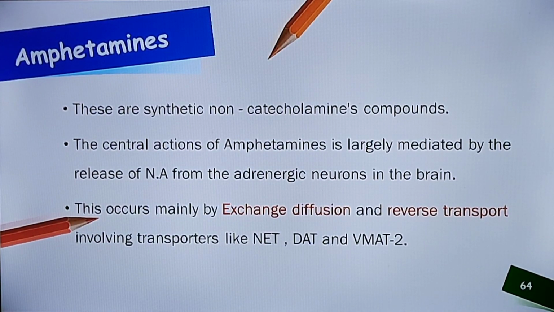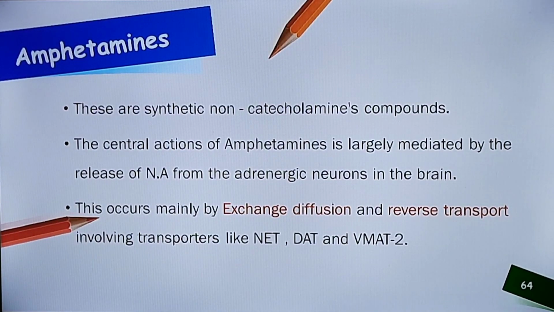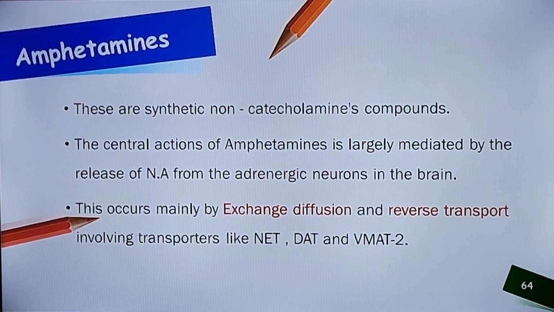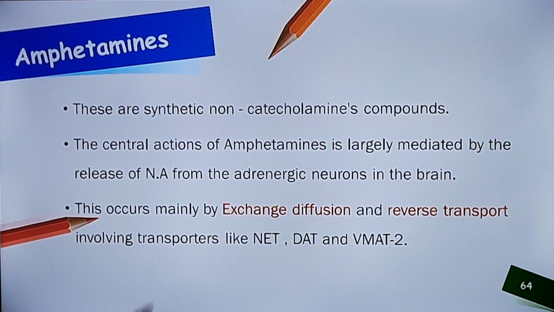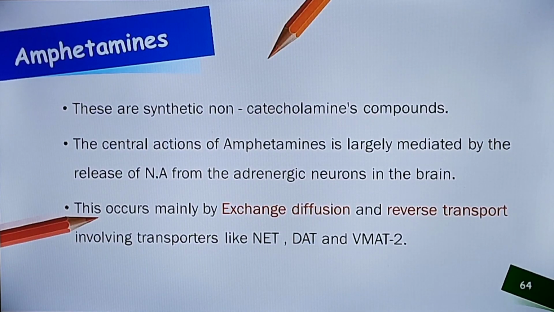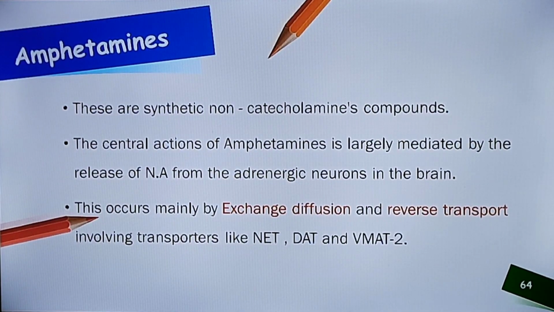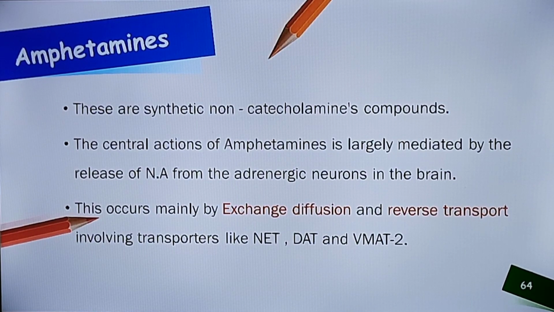The very first one is exchange diffusion and the second one is reverse transport, which involves our transporters like NET, that is norepinephrine transporter, DAT, that is dopamine transporter, and we have VMAT2.